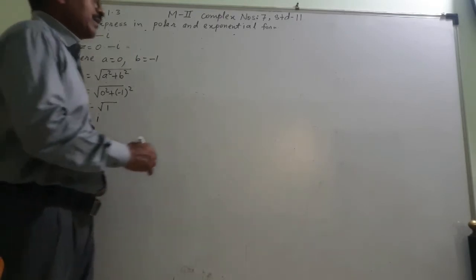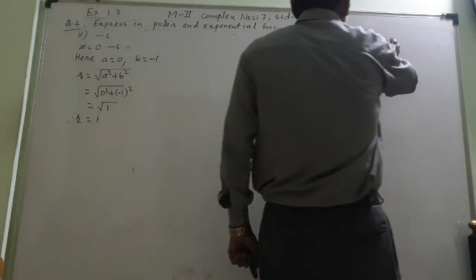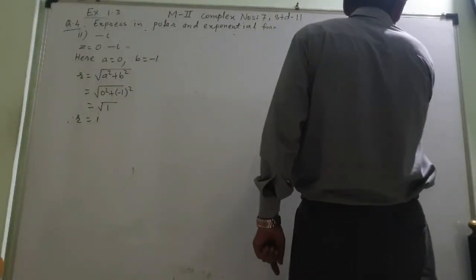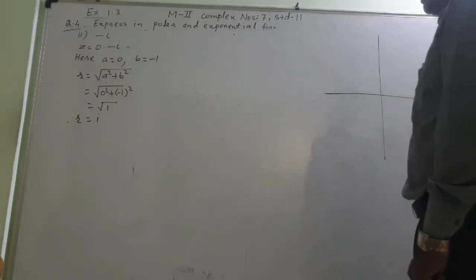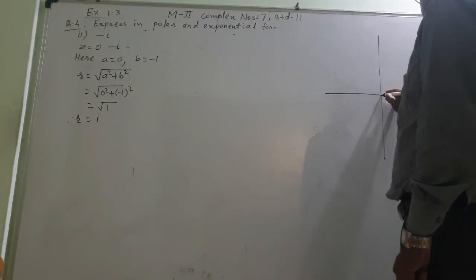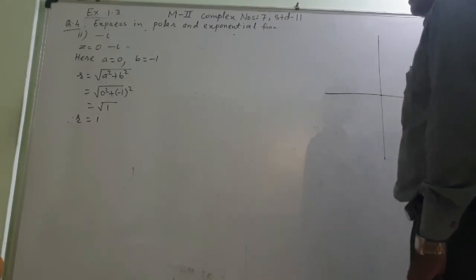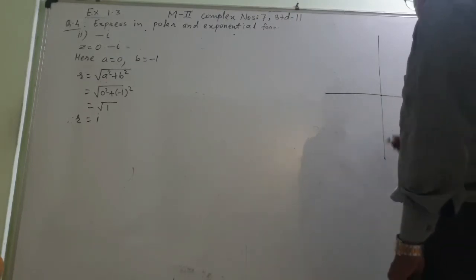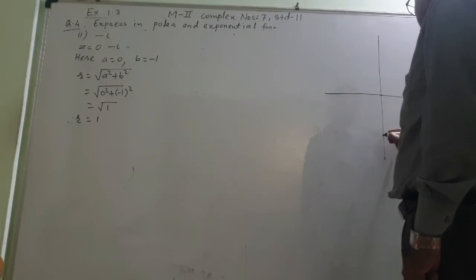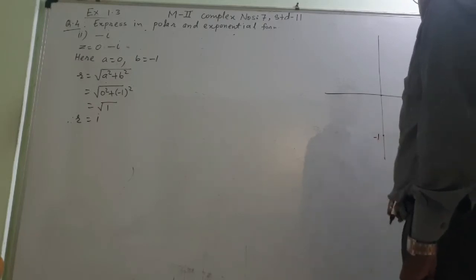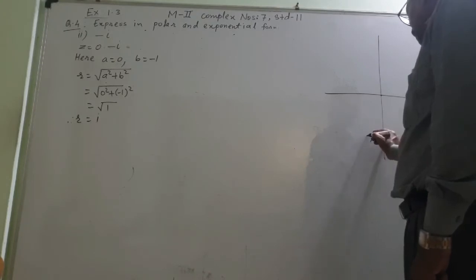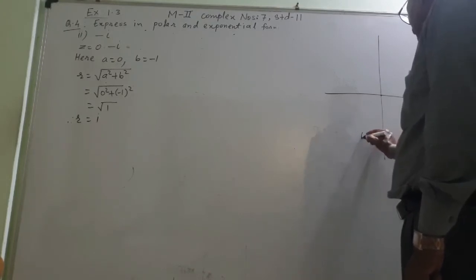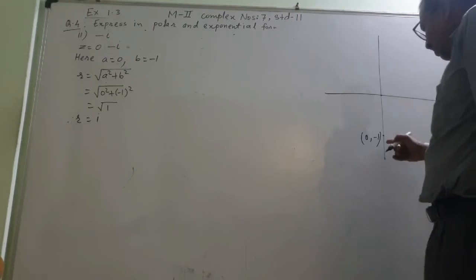Here once again I will go for the diagram. 0 on x-axis here and B minus 1 here, minus 1. So the coordinates of these are 0 comma minus 1. Where is it lying?